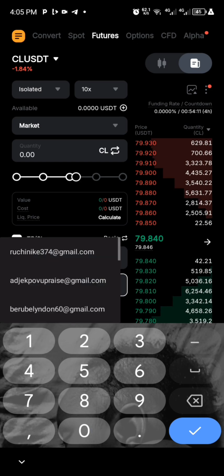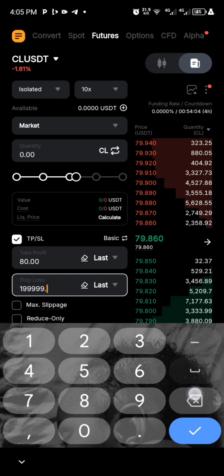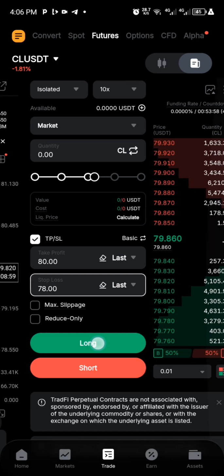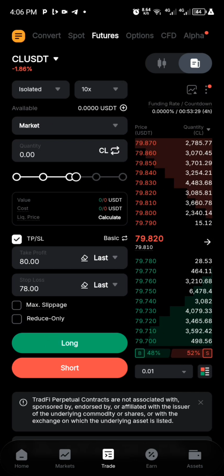Stop loss, let's say 78.00. Then you just go here and click long. If you want to sell, you click sell, but of course we are not doing sales, we are always focused on buy.